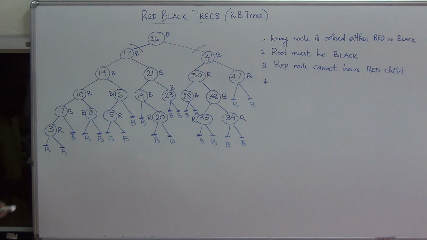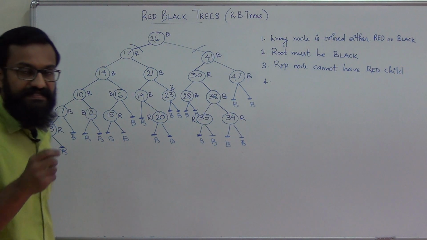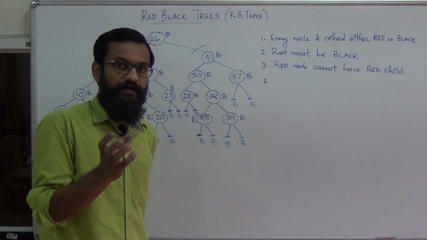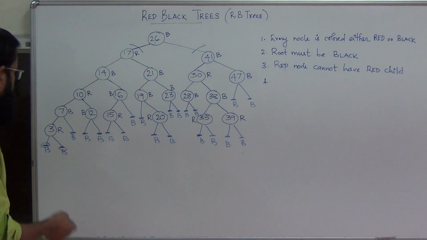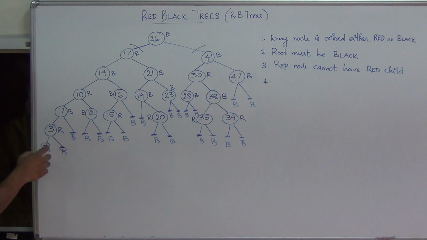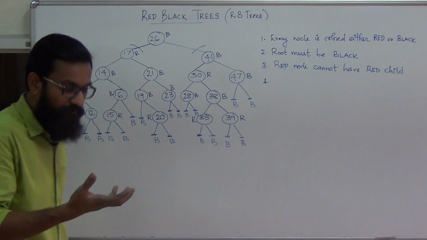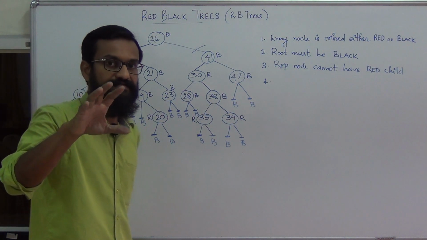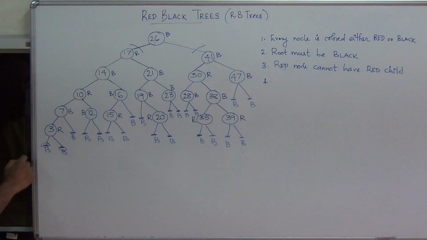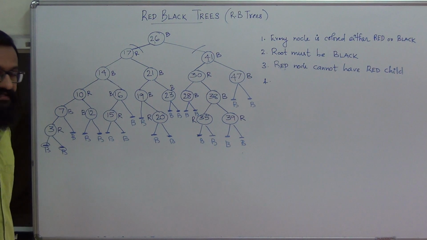Again, if I analyze this particular tree, these are the leaf nil nodes. Leaf nil nodes are the left and right pointers that are set to null or nil for a leaf node. If I take 30, the null pointers are called nil nodes. If I take 3, it has two pointers, a left child pointer and a right child pointer, that are set to null.